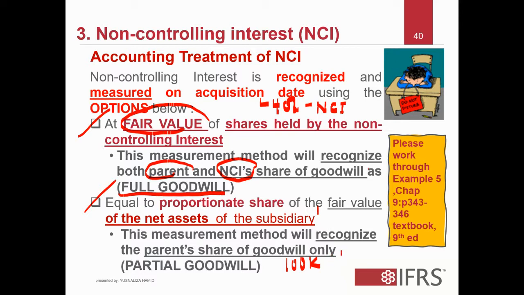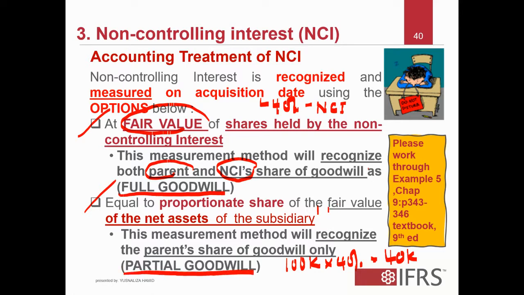If you multiply by 40%, you have 40,000. That is the measurement under the second method, which is proportionate share of the net asset. And this will give rise to the partial goodwill.